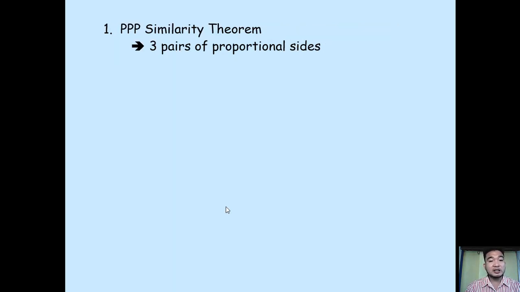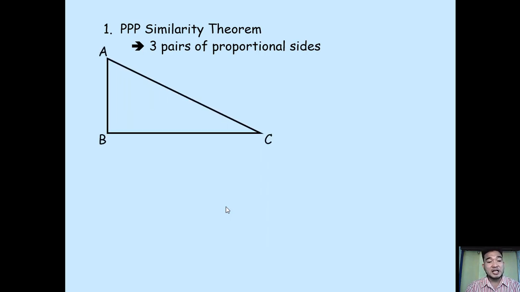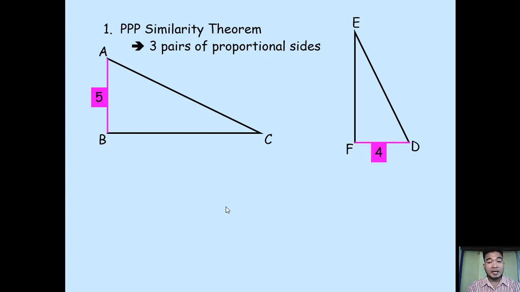Let us dig into it one by one. The SSS similarity theorem, or the three pairs of proportional sides. So given triangle ABC and triangle DEF, AB is 5 and DF is 4.